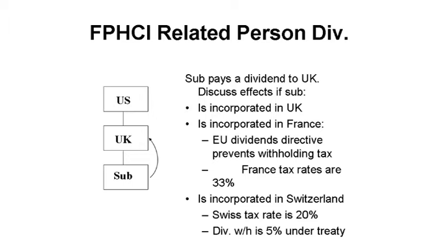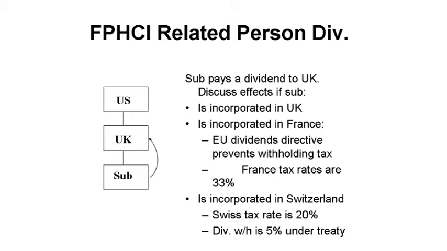A dividend from the French sub would have no withholding tax, but it would carry with it deemed paid credits that we talked about in our coverage of Section 902. So if the French sub pays a dividend to the UK sub, that dividend is not Subpart F income because the dividend carries with it that 33% effective French tax rate.